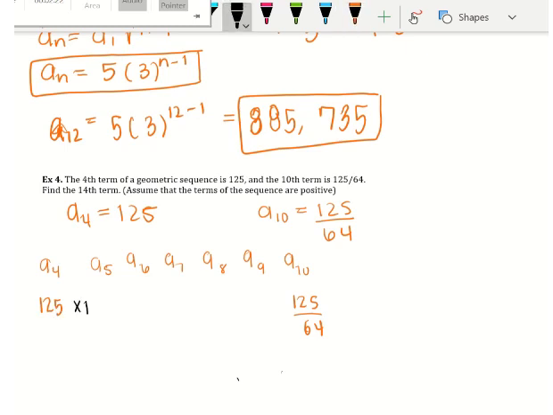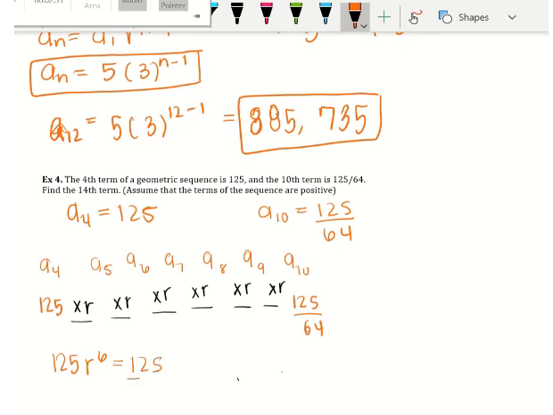Well, I need to multiply this by r to get the next one, then by r to get the next one, then by r to get the 7th, then by r to get the 8th term, then by r to get the 9th term, and finally by the last r to get the 10th term. So 1, 2, 3, 4, 5, 6. So I need to multiply 125 times 6 r's to get 125 over 64.